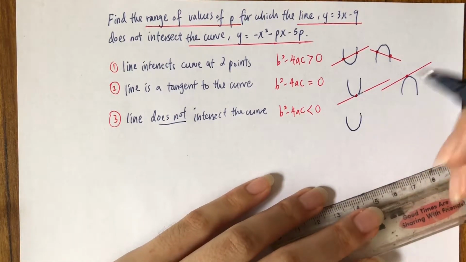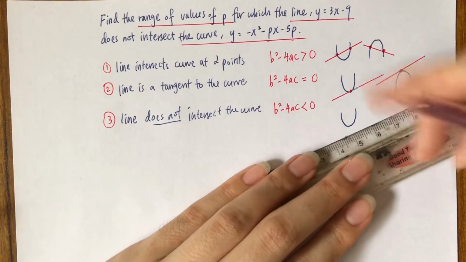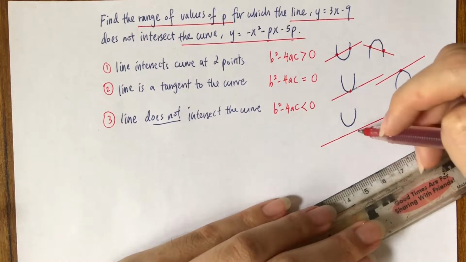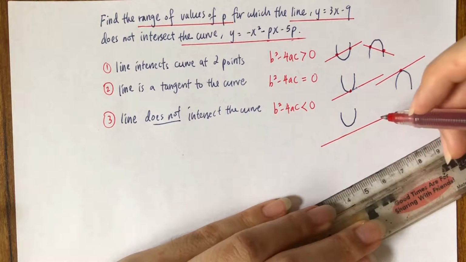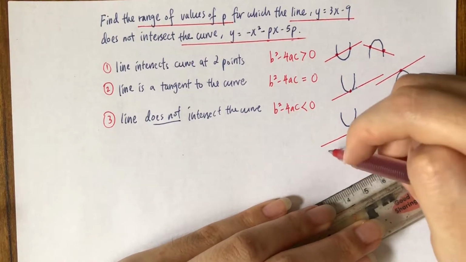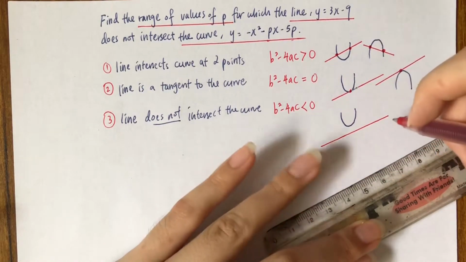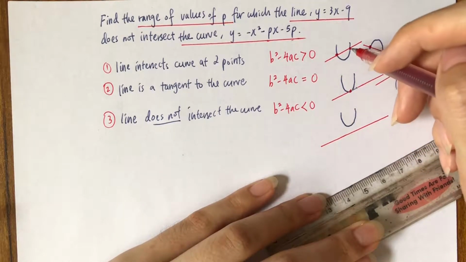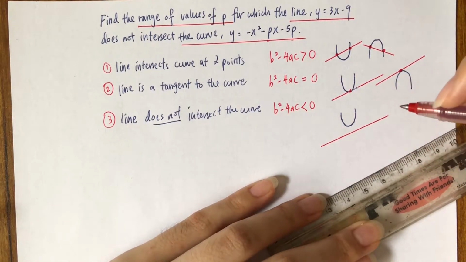We have a curve and the line just does not meet, does not touch, does not intersect the curve at all. You can notice that there is a gap between the curve and the line, and no matter how long we extend the line, no matter how long I extend the curve, the line just doesn't meet the curve at any points. So that is the third condition.